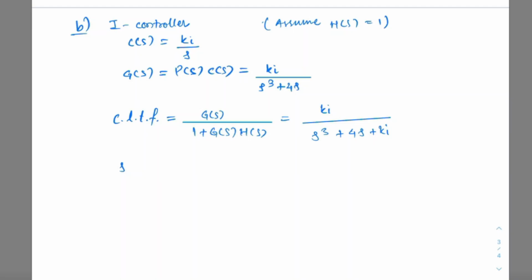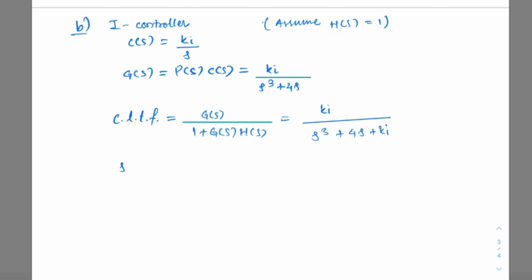So here we have 1, Kd, Kp plus 4, and if I write the last term here, that would be Kd into Kp plus 4 over Kd. So Kd will get cancelled and we'll be left with Kp plus 4.